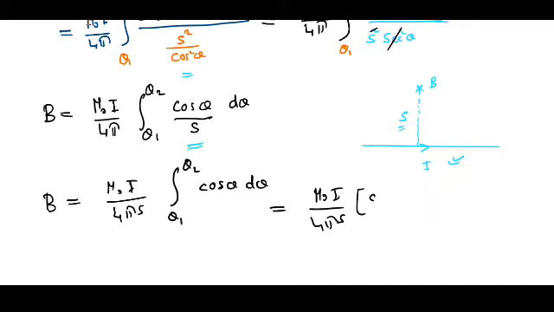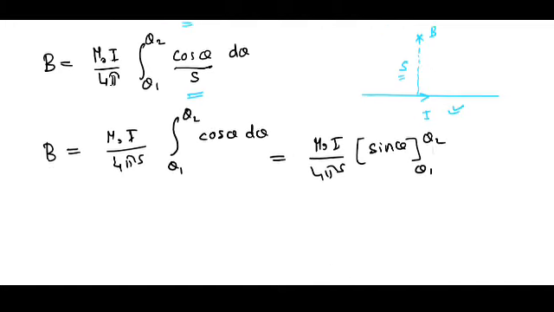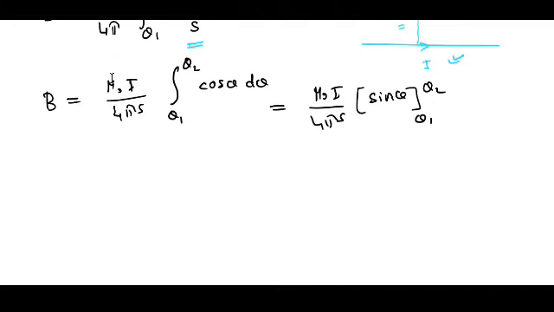The integration of cos theta is sin theta, lower limit theta 1, upper limit theta 2. Now the situation is quite easier. We get the final answer, that is B is equal to mu 0 I by 4 pi s into sin theta 2 minus sin theta 1.